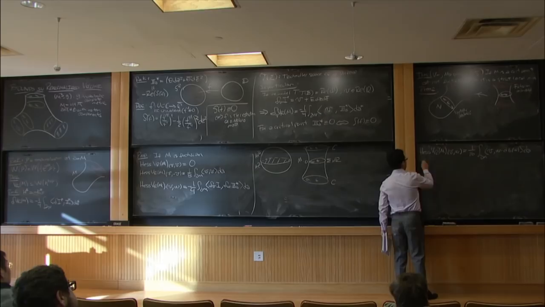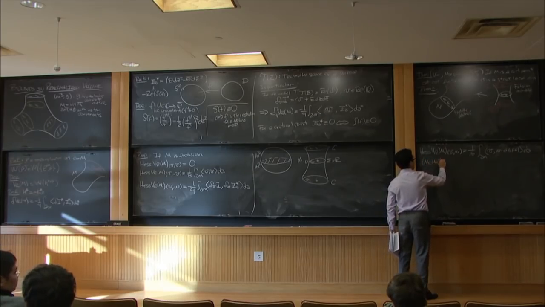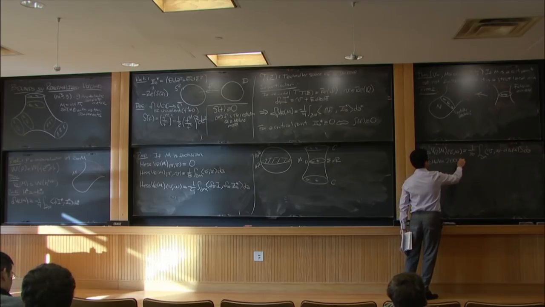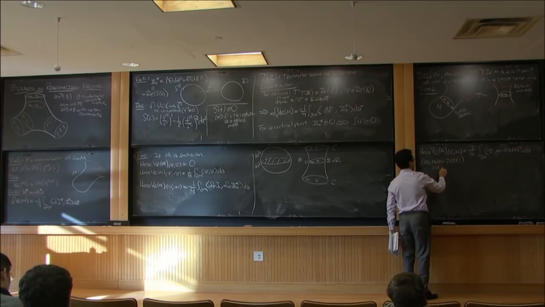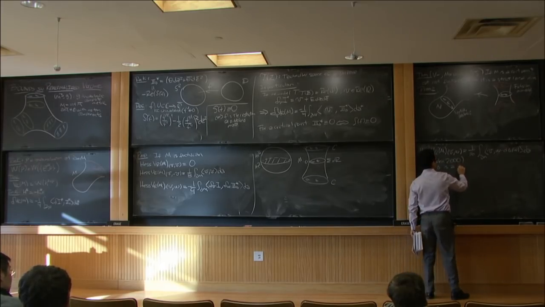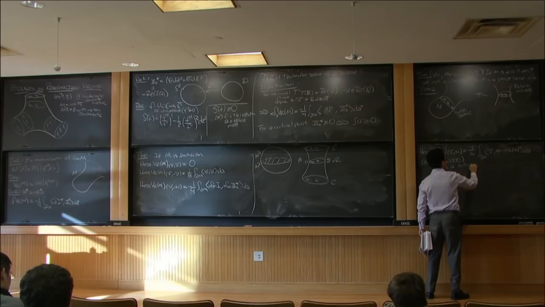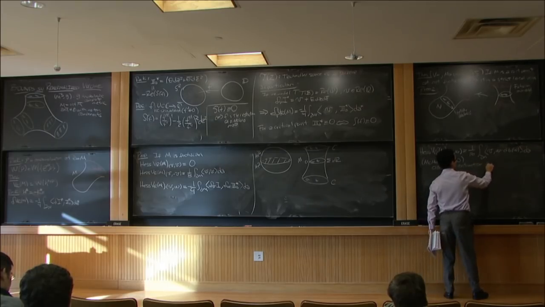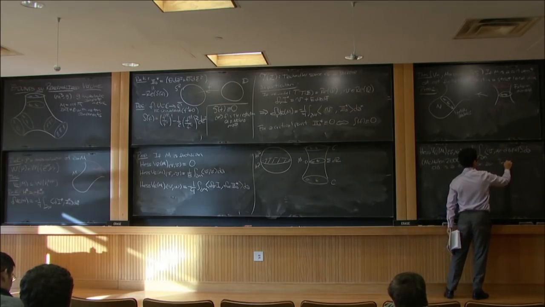Well, how do we do that? There is a result of McMullen in 2000 that said that this map at this particular point is a contraction for the Teichmuller metric.